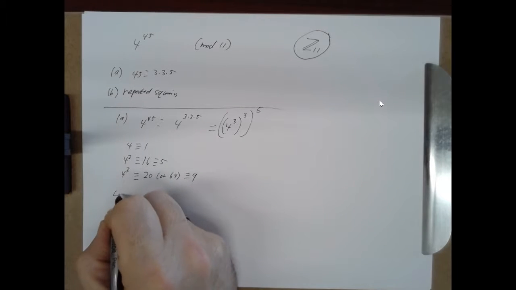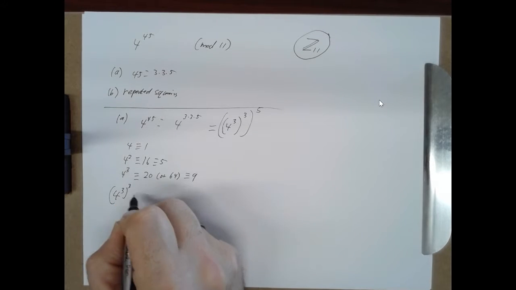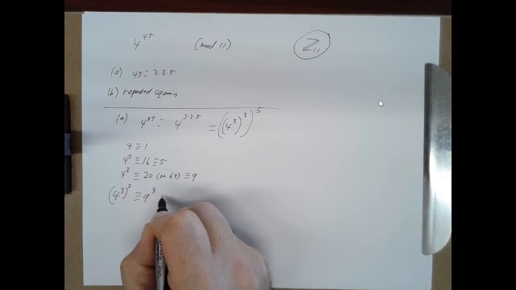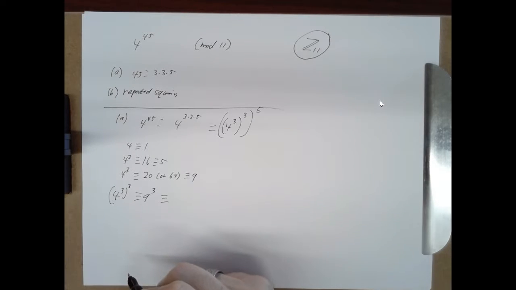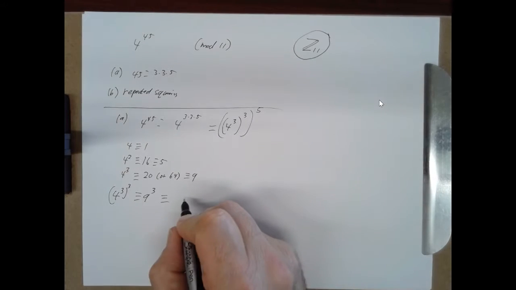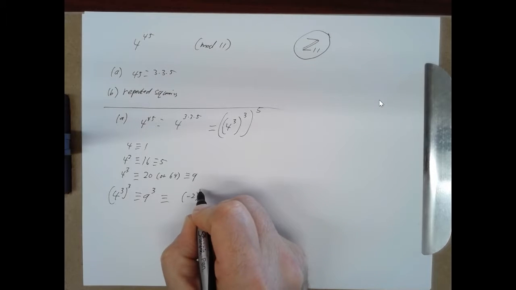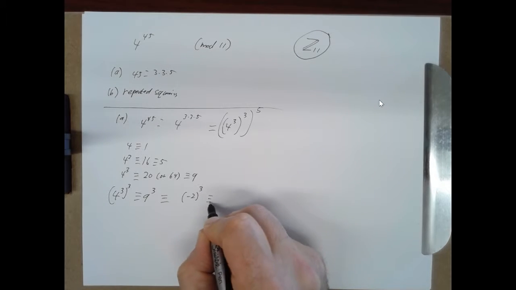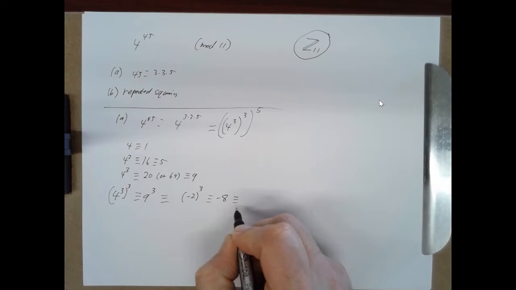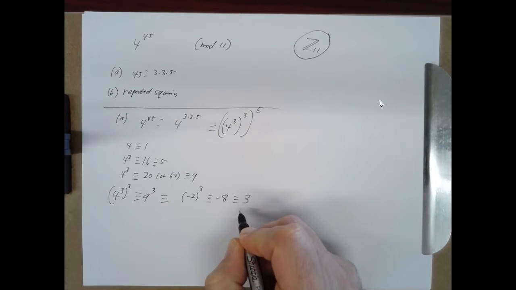So 4 cubed is congruent to 9. And I'm going to get lazy and say that 9 is congruent to -2, so this is -2, which is -8, which is also +3.